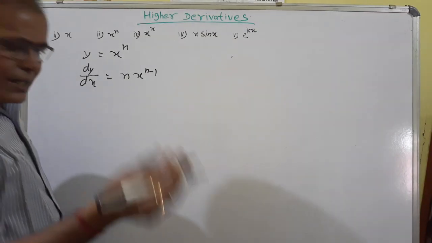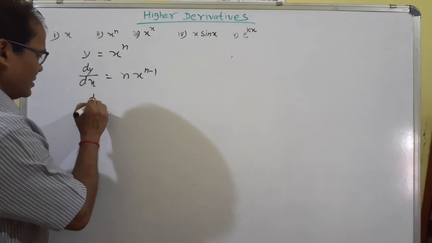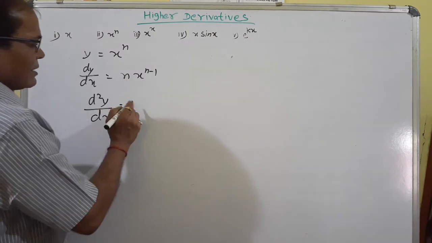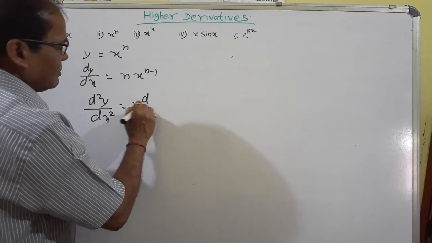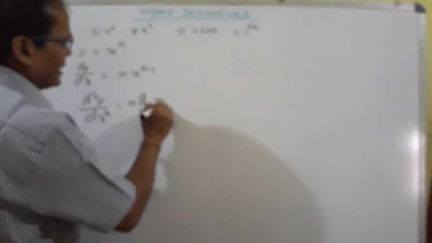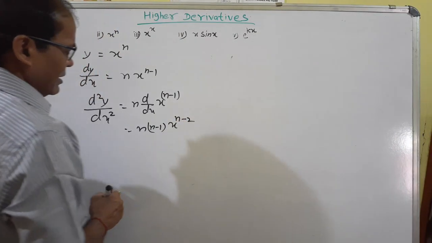For the second derivative, d2y by dx2 is equal to n, which is constant, times d by dx of x to the power n minus 1. Again you will get n into n minus 1 times x to the power n minus 1 minus 1, that is n minus 2.